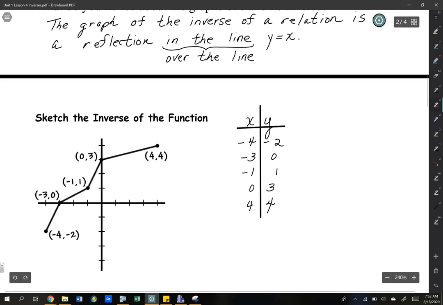Now I'm going to make another table of values where I just flip those points. So I'm going to put the y values in for x and the x values in for y.